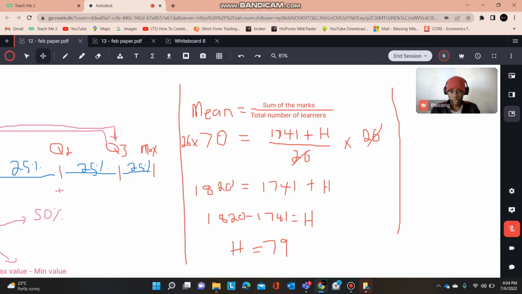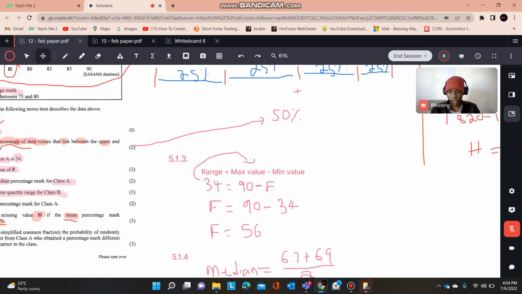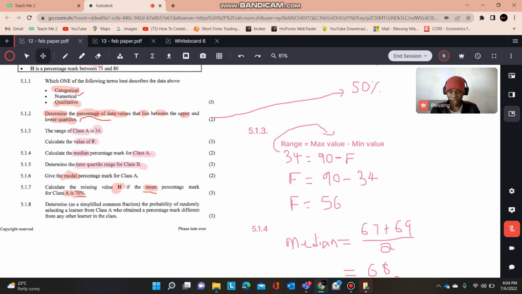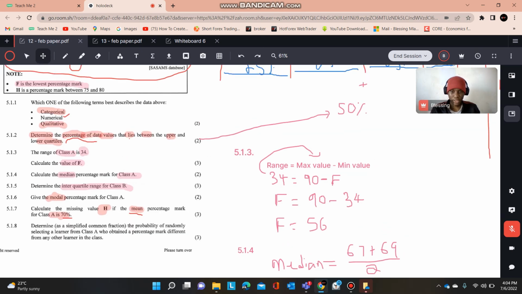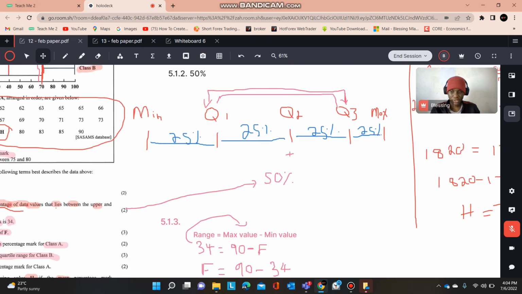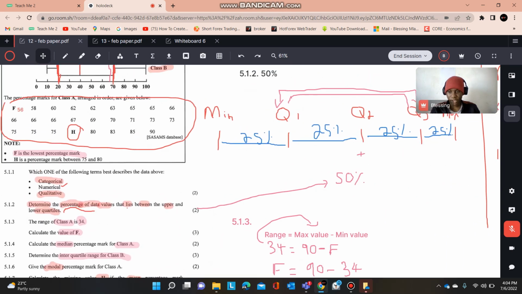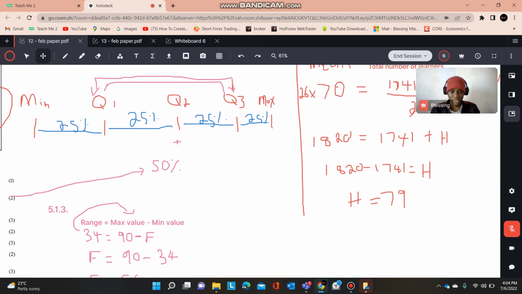Remember the question we were doing here, it's 5.1.7, when they say determine H if your mean is 70, right? And then we found the value of 79, so we can input it here and say it's 79. Here's the trick I was talking about.